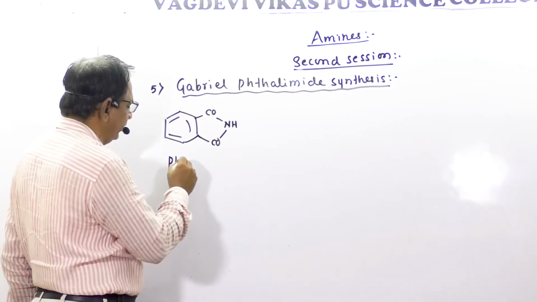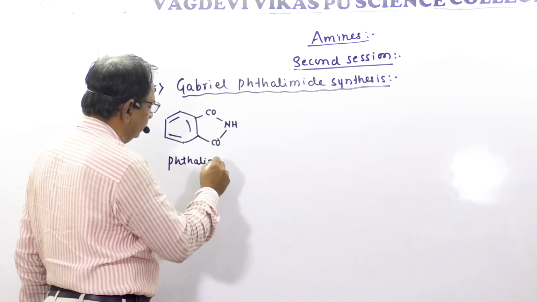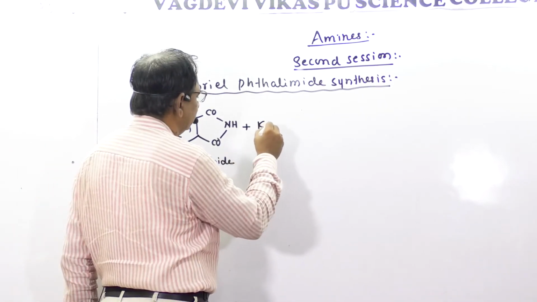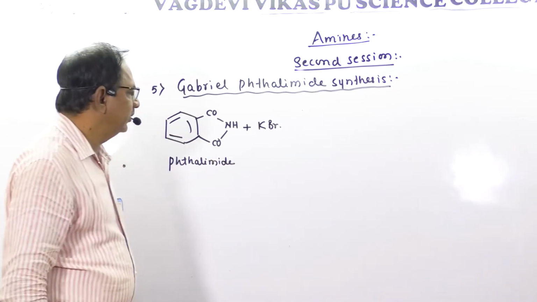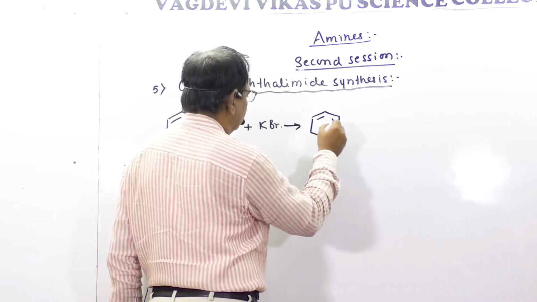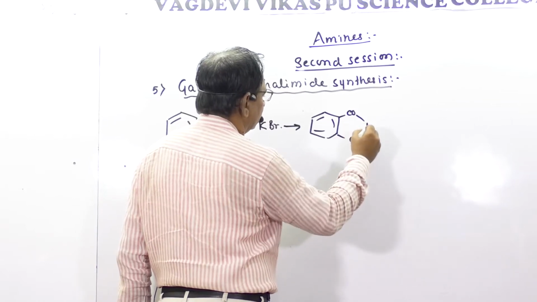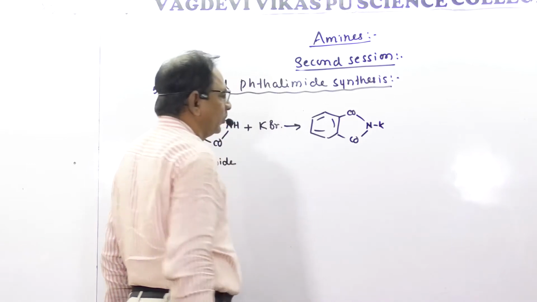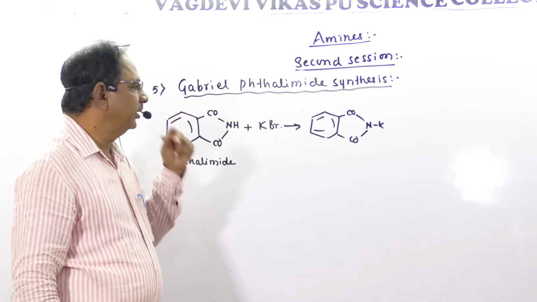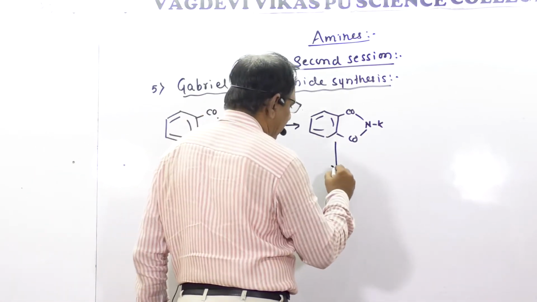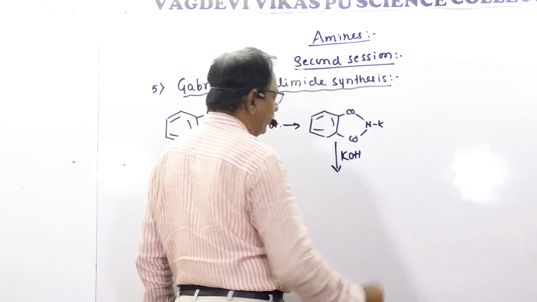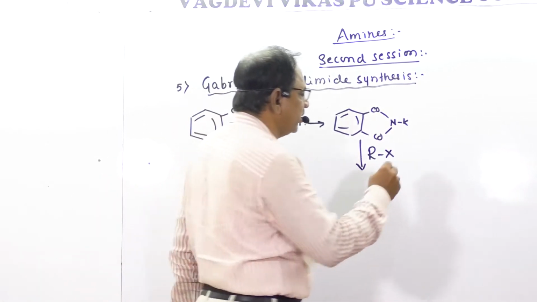This is phthalimide. Phthalimide is treated with KOH to form the potassium salt of phthalimide.